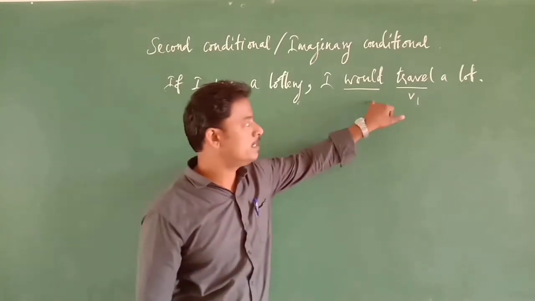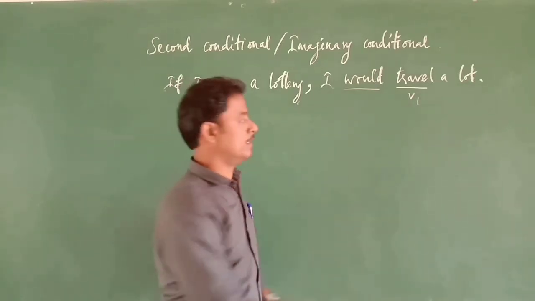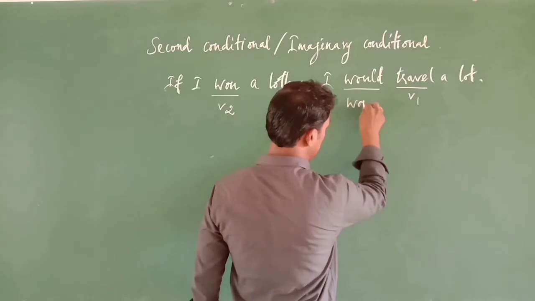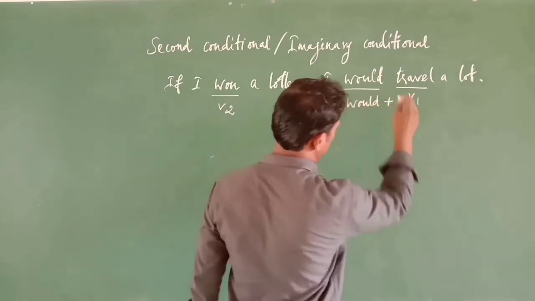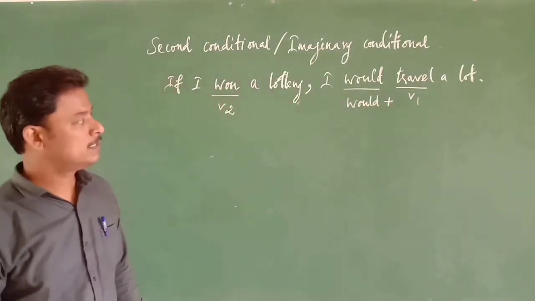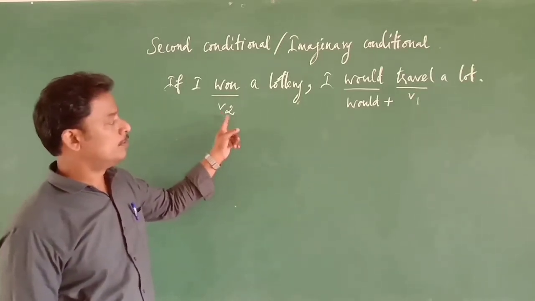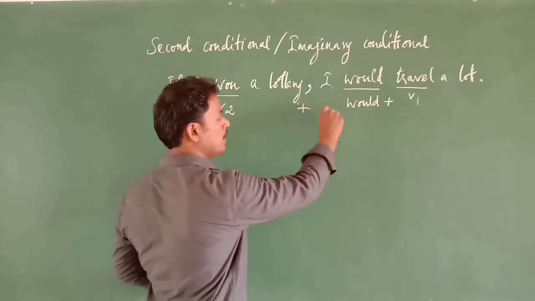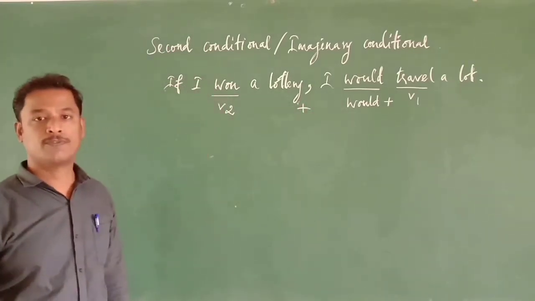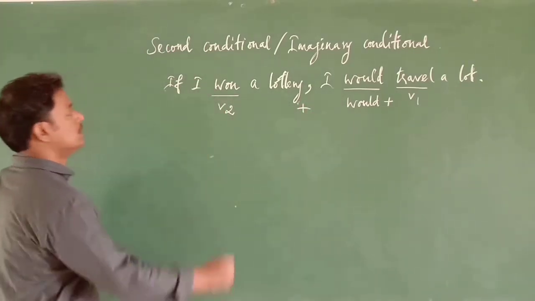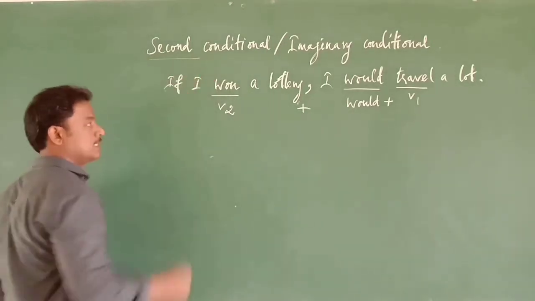The result is in would plus verb 1. This type can be written as verb 2 plus would plus verb 1. This type of combination is applied in second conditional.